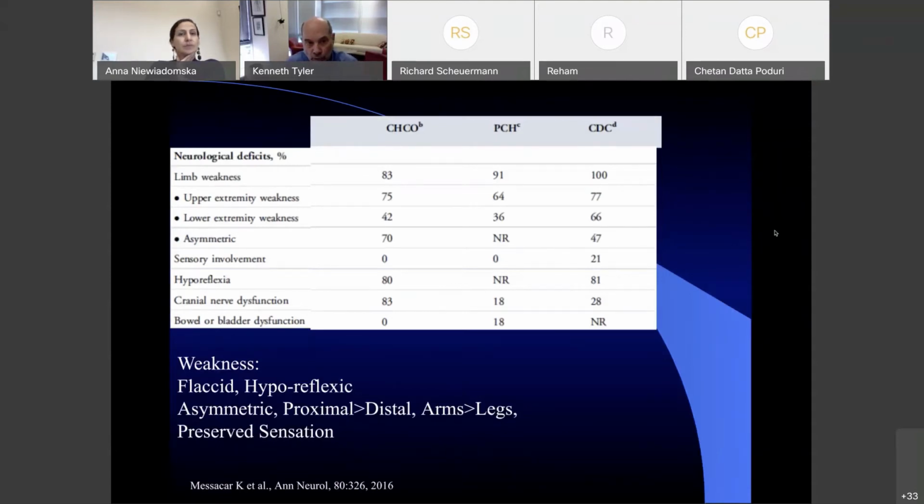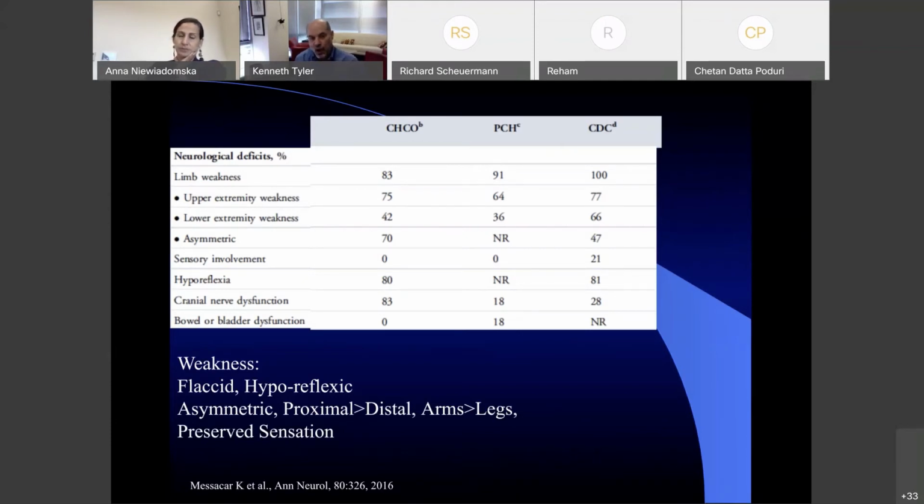I won't go through the chart there in gory detail, but I just want to tell you that the neurologic part of this, and this is from a review we did in the Annals of Neurology, is the children developed the relatively acute onset of weakness. The limbs were flaccid, by which we meant the tone was decreased. The reflexes were absent.